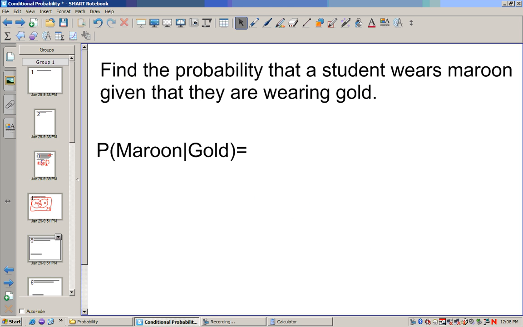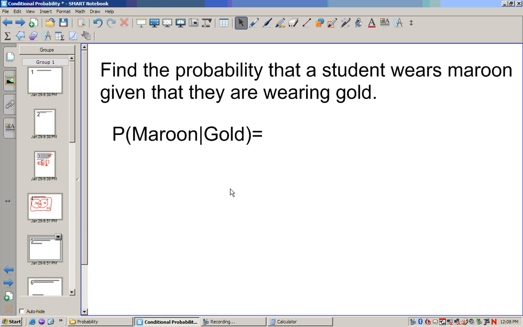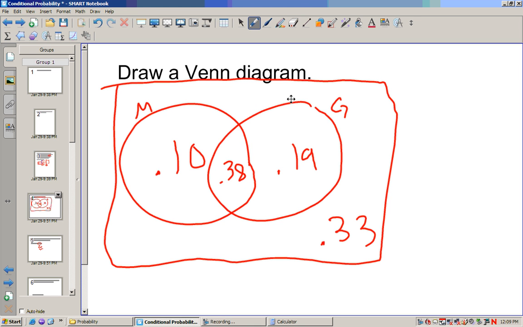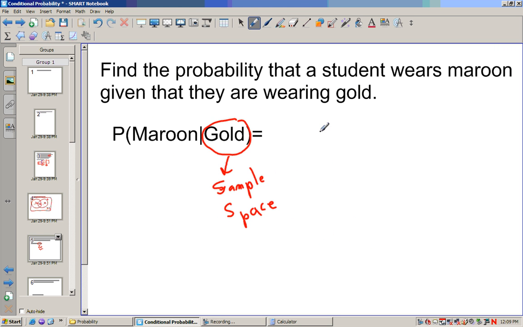Now, we have to look at certain probabilities. I want to find the probability that someone's wearing maroon, given the fact that they're wearing gold. So this is my new sample space. I want to reduce everything on this Venn diagram to just the people wearing gold. So just here adds up to 0.57, and that's going to be my denominator, 0.57.